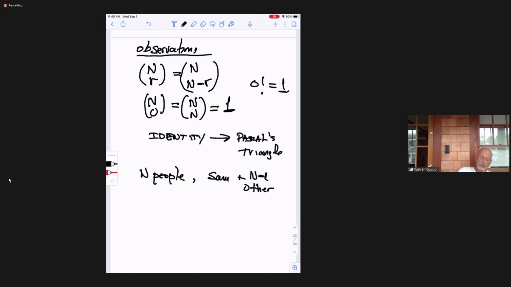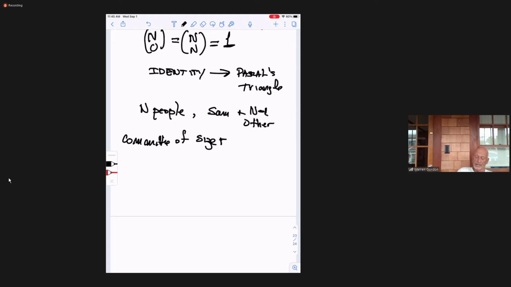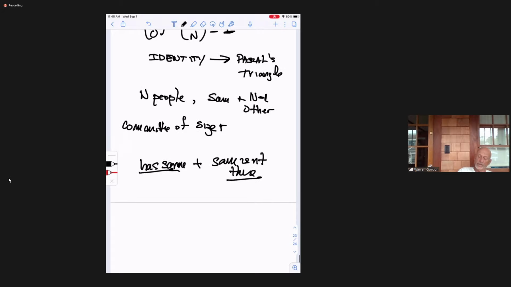And I want to choose a committee of size r. Well, if you look at every possible committee of size r, there are two alternatives. The committee has Sam in it, or Sam isn't in the committee. I know the number of committees of size r that I can choose is n choose r, right?